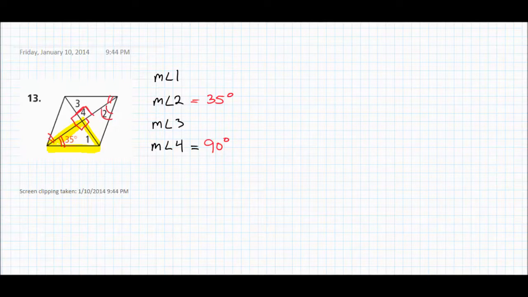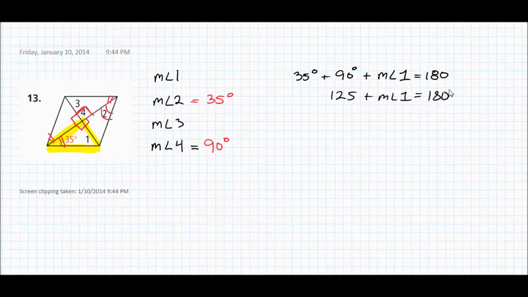And we know the sum of those three angles has to equal 180, so we've got 35 degrees plus 90 degrees plus the measure of angle 1 equals 180. So that'd be 125 plus the measure of angle 1 equals 180. Subtract 125 from each side.